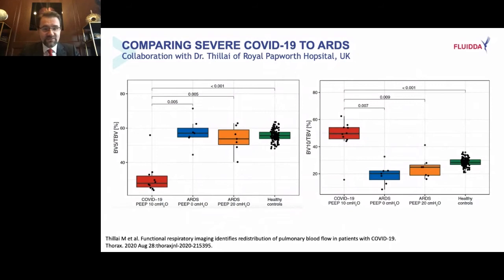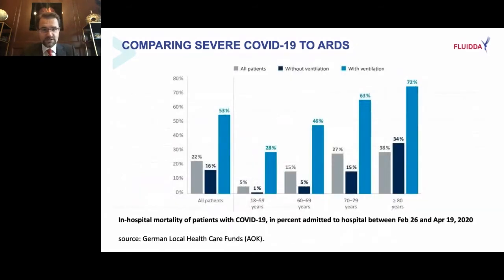So what happens if you increase the pressure? Pushing blood away from these smaller vessels into the larger vessels, which probably is okay if there's not an underlying vascular condition. But here you see that the COVID-19 patients already have a significantly reduced BV5. So likely if you use too much PEEP, if you're too aggressive with the pressures, you close off these vessels even more, probably making it very hard to get any oxygen in the blood.